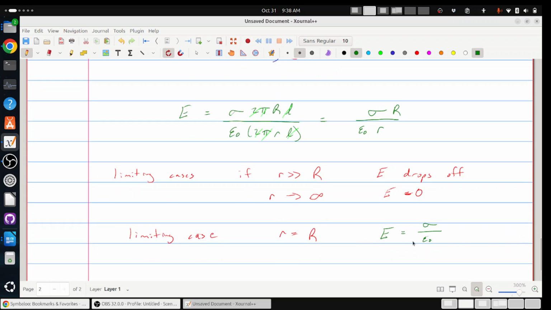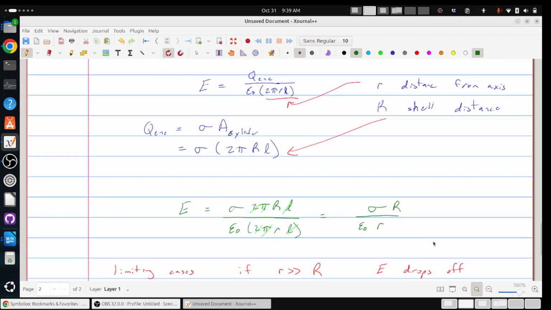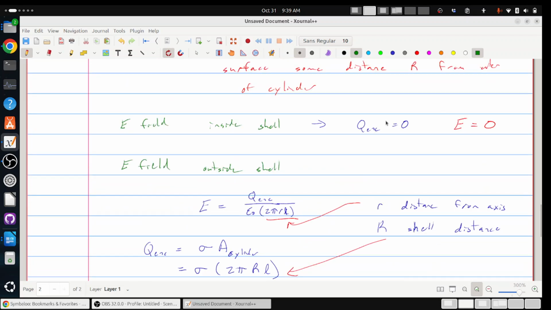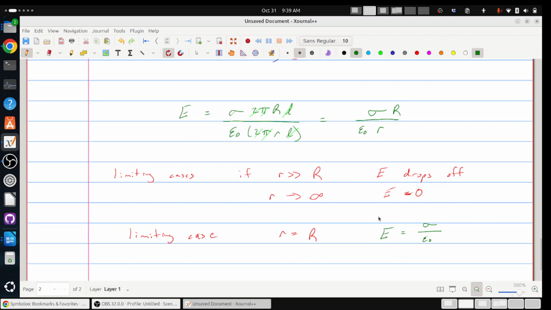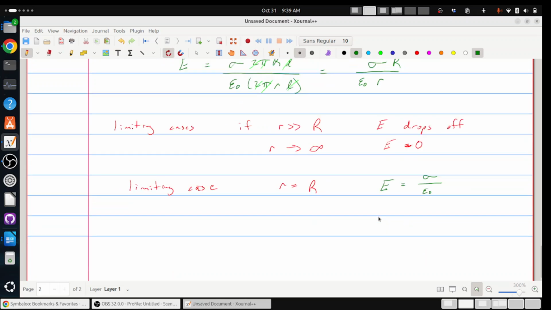So right at the surface, the electric field is directly related to the charge density on that surface. But it drops off as you go further away if you're outside. And then because of the shielding symmetry effect, again, inside the shell, the electric field was 0. So we can find this for a thin shell anywhere.